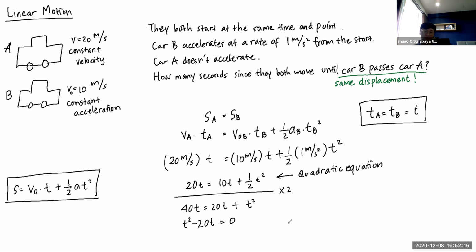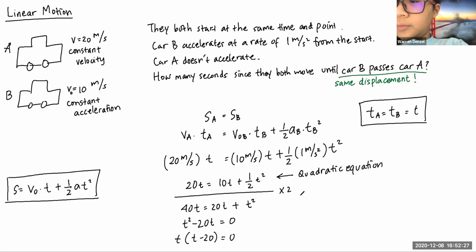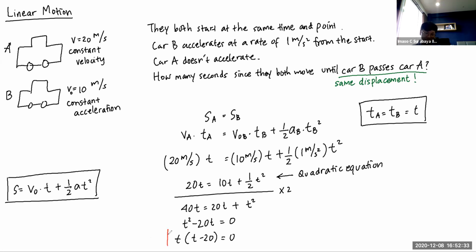Equals 0. And then we can factorize the T. So, can you guess what T is? In order for this to be 0, then... I think I have taught you about this in SMC. You remember?